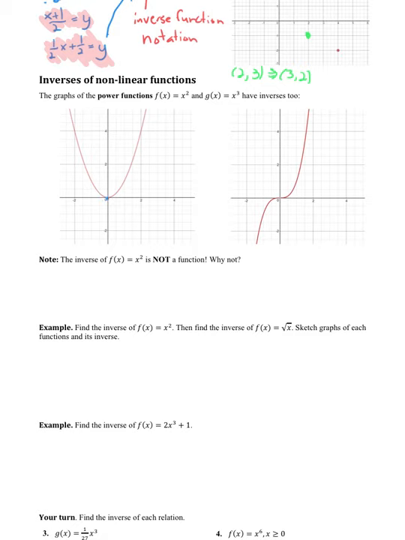I would still plot the point 0, 0. Here are points that look like -1, 1 and 1, 1, so I'm going to put those points there. There's a point at -2, 4, so that's going to be 4, -2. There's a point at 2, 4, so I'm going to put a point at 4, 2. And this is what the inverse looks like.